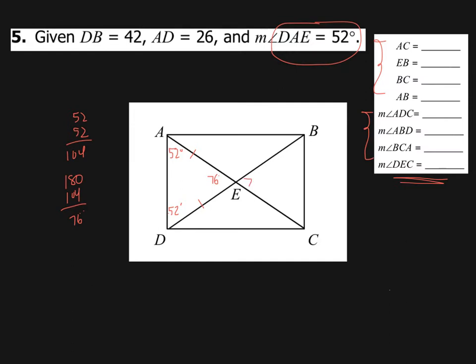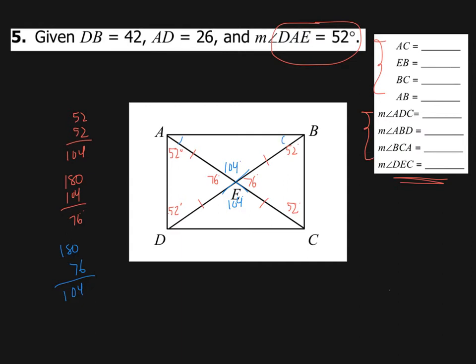Now, I have a vertical angle right there, and of course, this is an identical isosceles triangle, so this is also 52 degrees. Now I'm going to use my linear pair combination over here, and I'm going to take 76, and I'm going to subtract that from 180 to get 104. So this is going to be 104 degrees, and up here is also going to be 104 degrees.